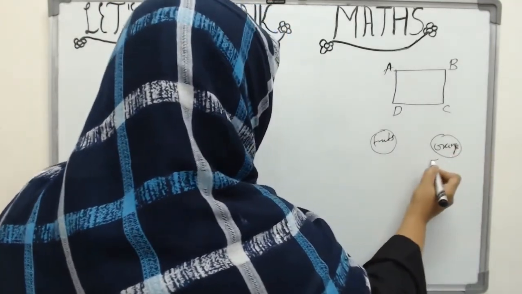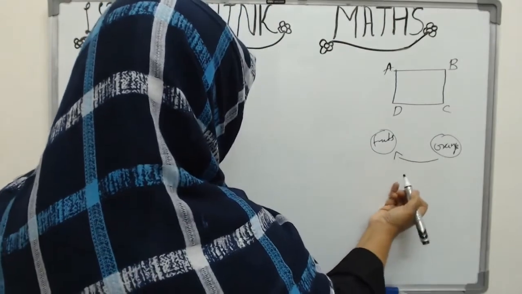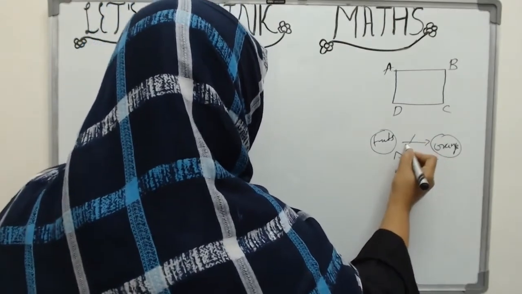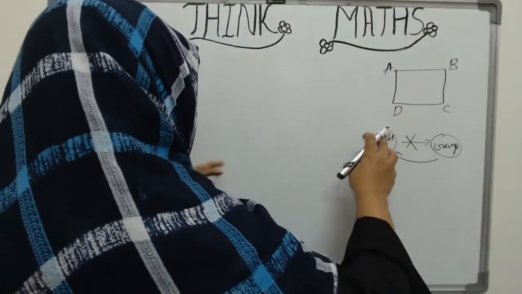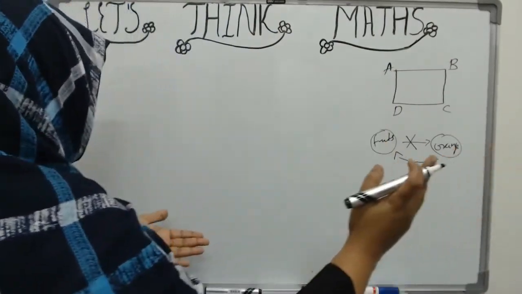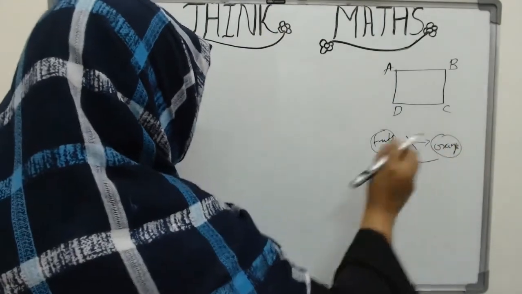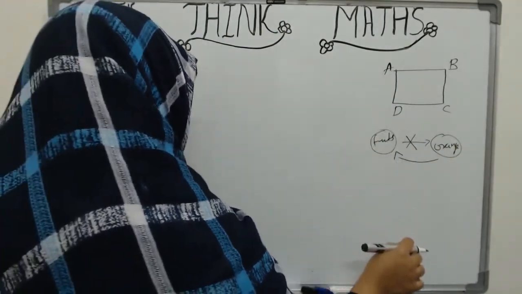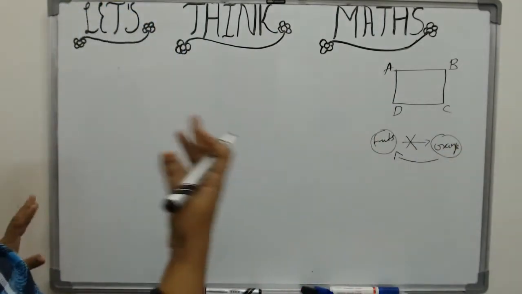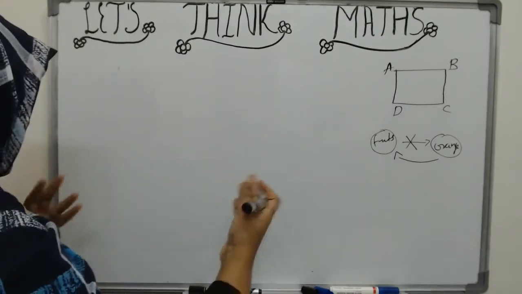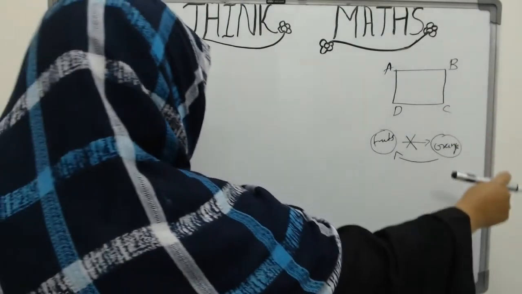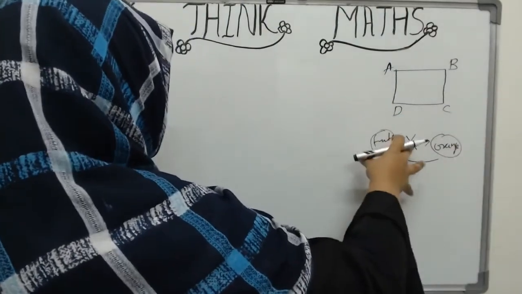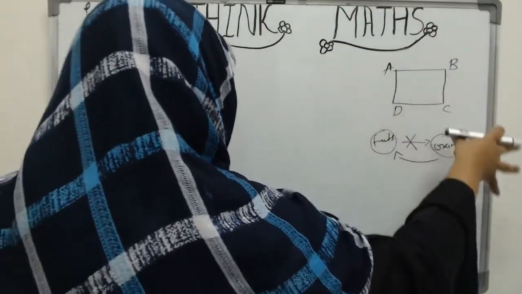All oranges are fruits, but all fruits are not oranges. Why is that? Because a fruit can be apple, it can be banana, but to be an orange it has to satisfy some extra conditions, like it has to be citrus, it has to be orange in color. So fruit is a general term and orange is something special.